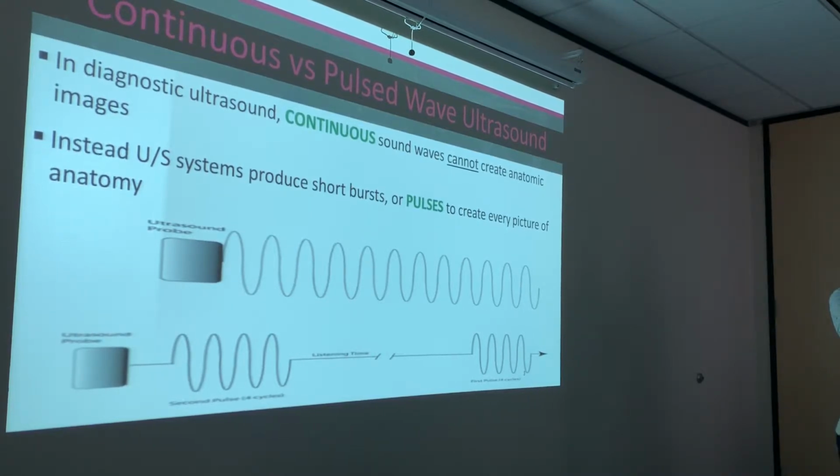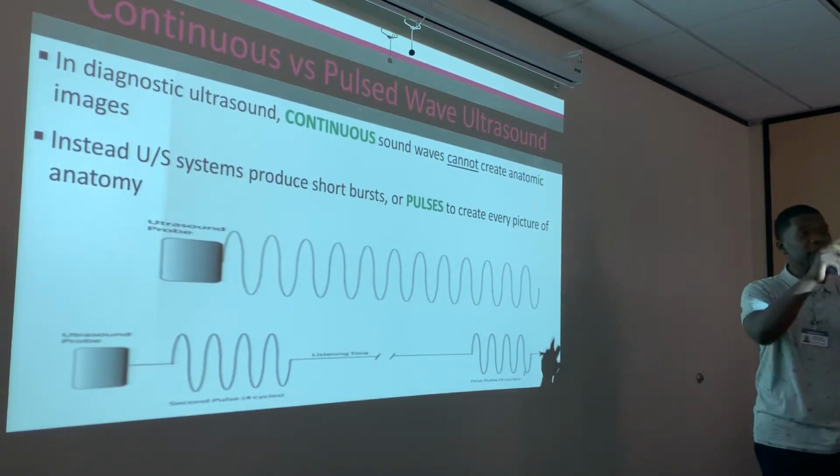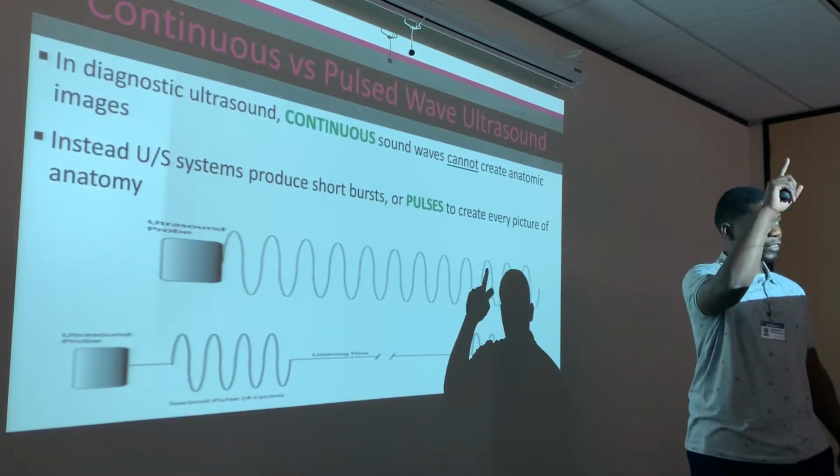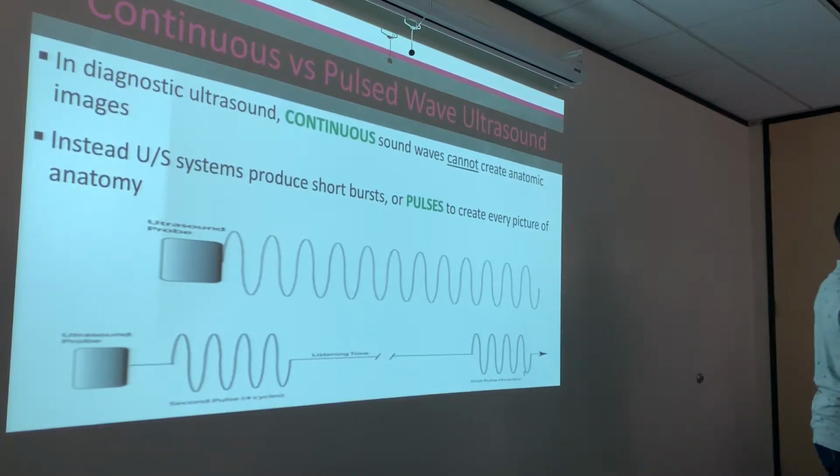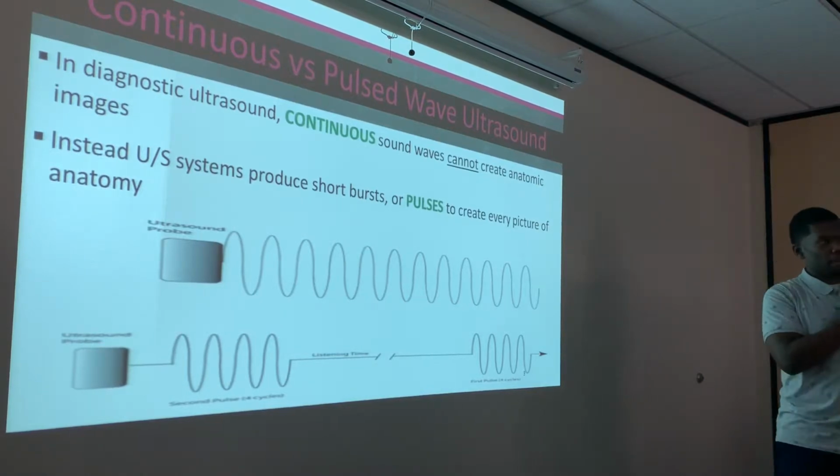When we're trying to look at the circle of Willis in the brain, or see whether there's a stenosis in the circle of Willis, we use that continuous wave transducer. We're just listening for velocities. If it's a stenosis, it's probably going to be a really high velocity, because stenosis creates resistance. Through that thin space, where there is blockage, blood is going to travel really fast. So your velocities coming back on your continuous wave are going to be very high.